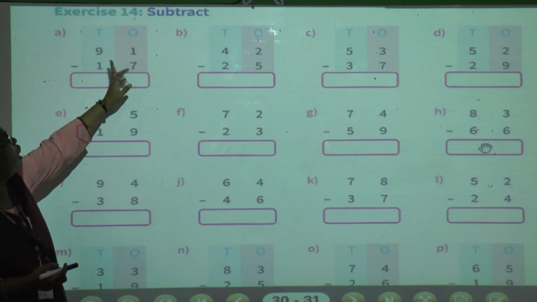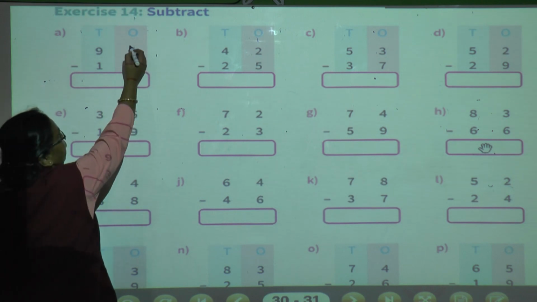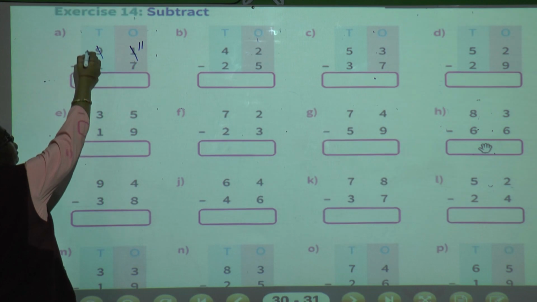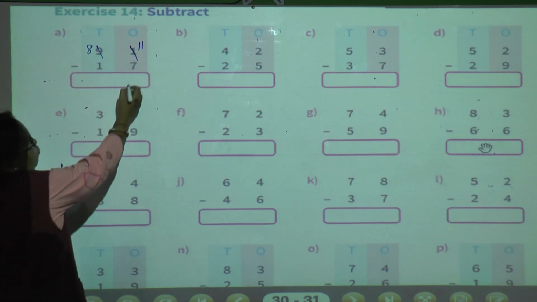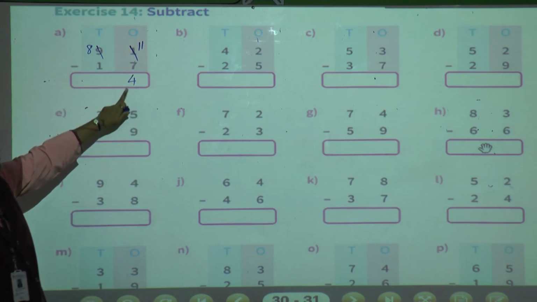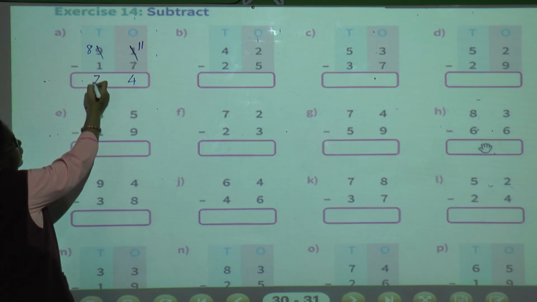No, it will not go. So what do you want to do? You will cut this. 1 will become 11 and here 9 will become 8. Then 11 minus 7 is 4. Then 8 minus 1 is 7.